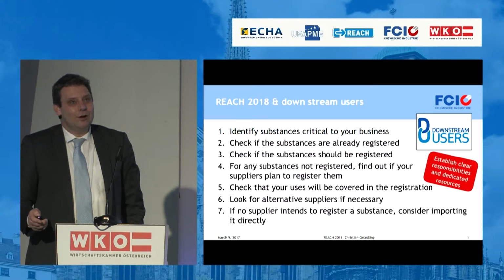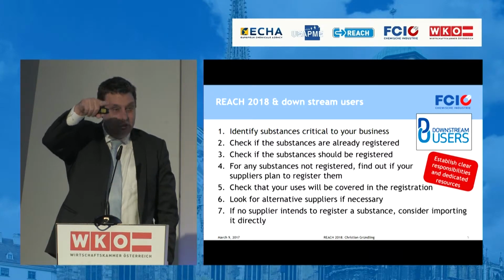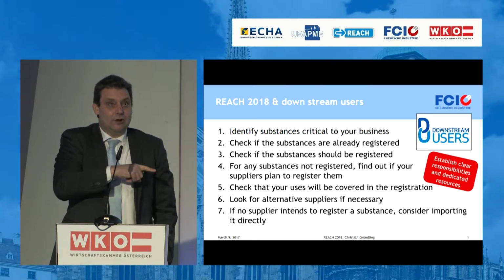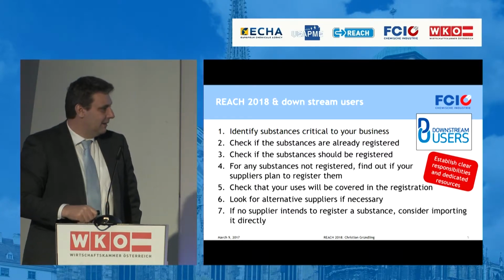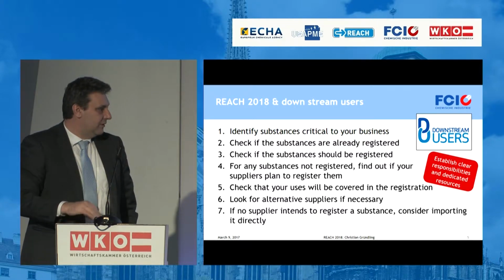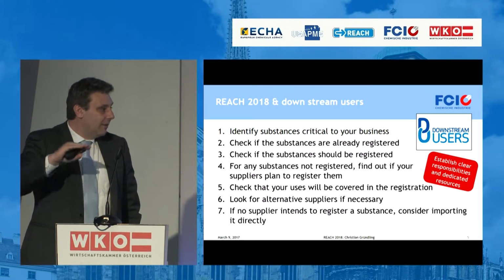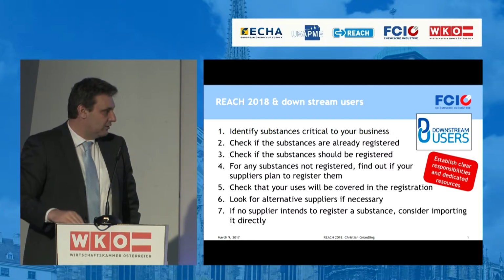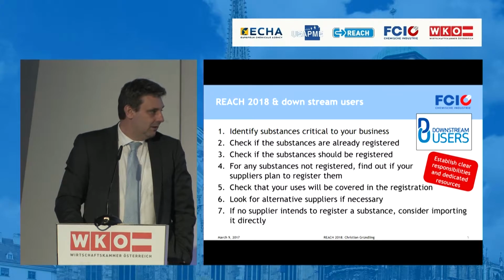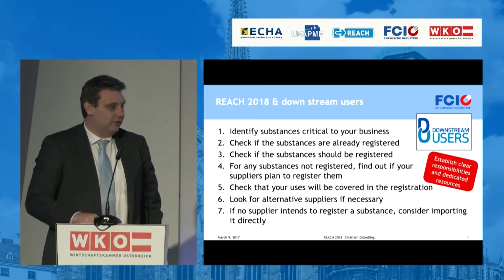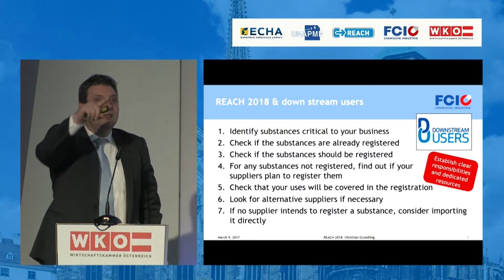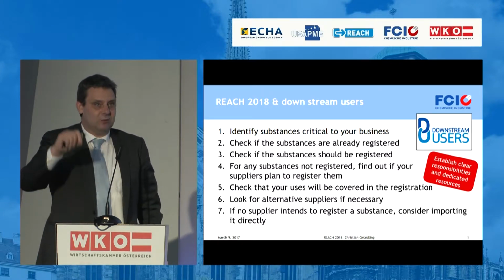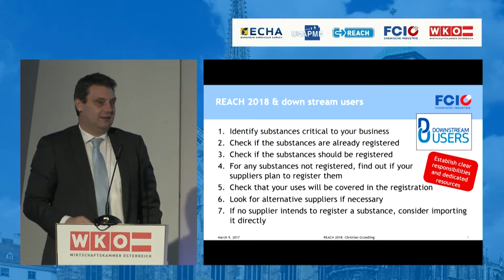Okay, let's go to the steps in detail, but before you do that, and Marco already mentioned that, also for downstream users, it's very important to have within the company clear responsibilities and dedicated resources to do all that. Because without any responsibilities, you will not even be able to make point 1, to identify the substances which are critical to the business.